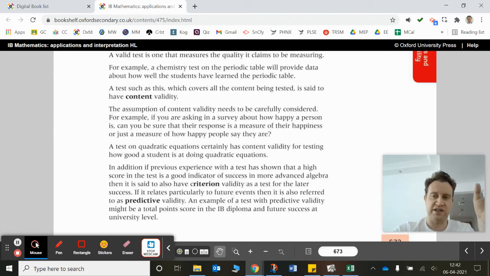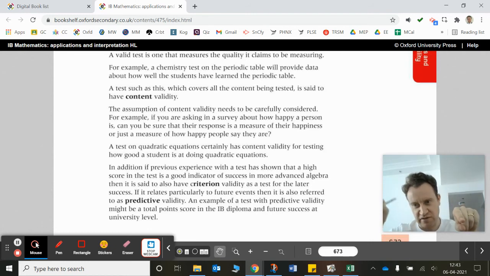So if your first algebra test is quite a good predictor for the same criterion, in other words, algebra, but with a more sophisticated later test later in the course, then it would have criterion validity. That was slightly different to predictive validity because the predictive validity wasn't necessarily based on the same criteria.